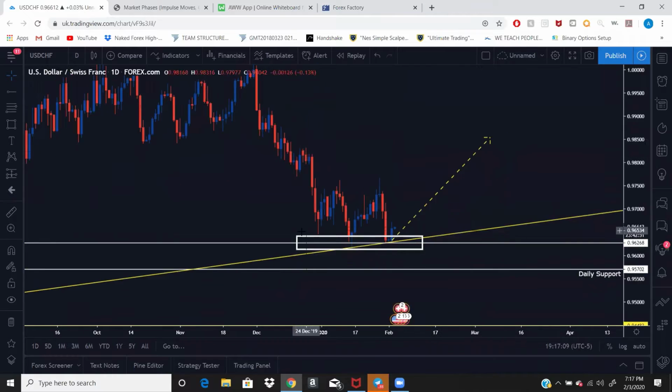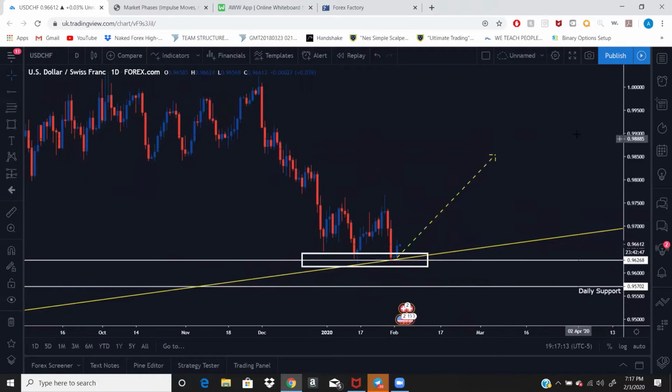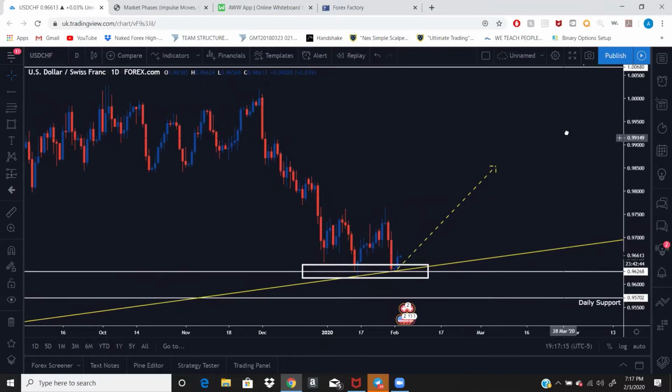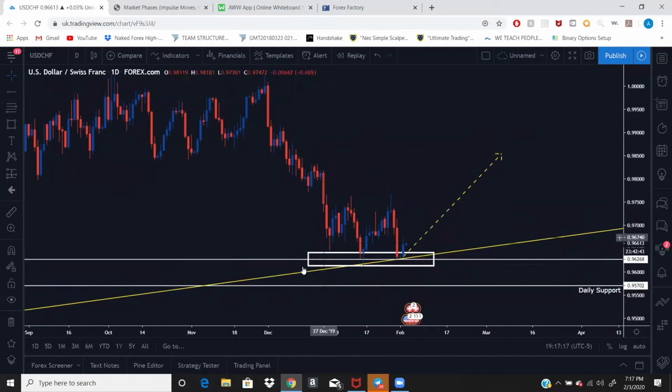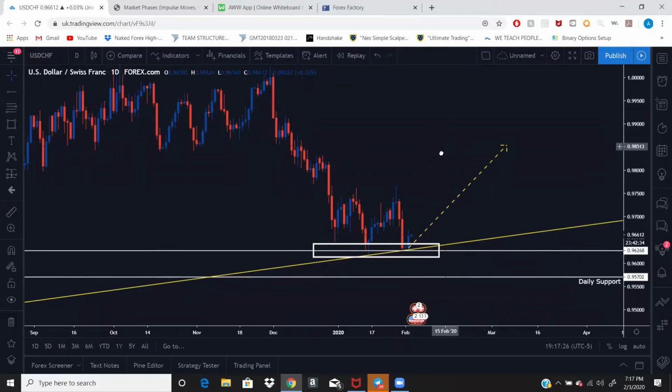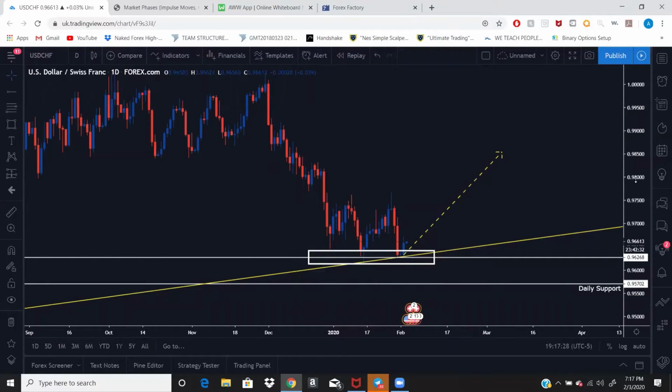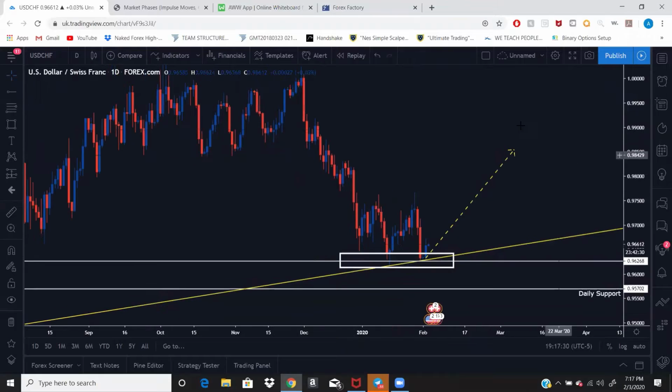Number one, first one and very obvious, we have a triple bottom, right? So one of the bullish reversal patterns. Number two, daily demand zone. This area right here that I kind of boxed out.